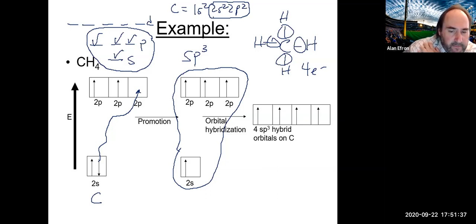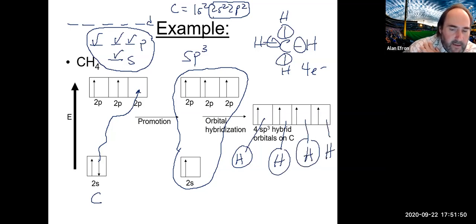Each of these is missing an electron, which means they are able to bond, and each of these would make a bond with a hydrogen in our CH4. So sp3 hybridization goes with tetrahedral electron pair geometry, and that's the way you can identify it. Question on that there?